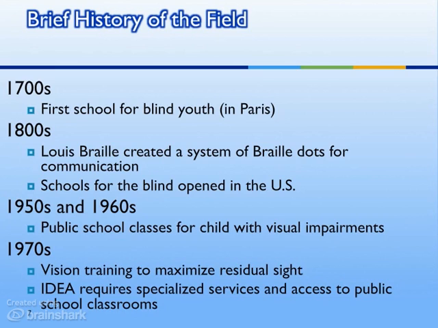So we've had a lot of services for a very long time for these particular groups of students. In the 1970s, IDEA required specialized services within the public school classroom, so students were able to be in that least restrictive environment starting in the 1970s instead of having to go to specialized schools.